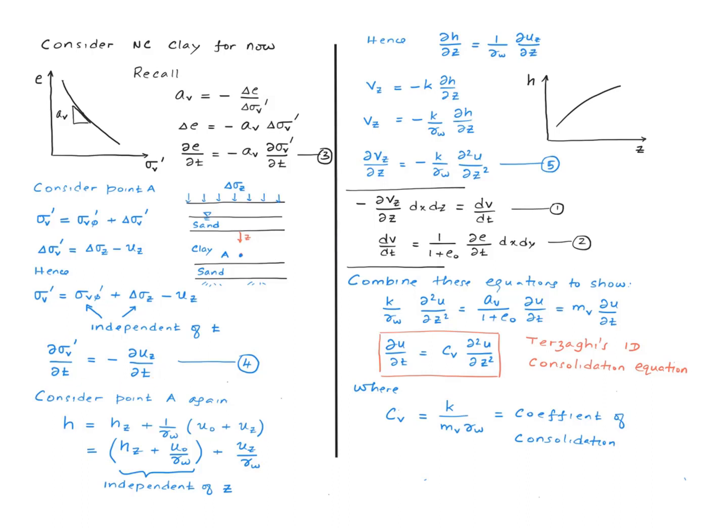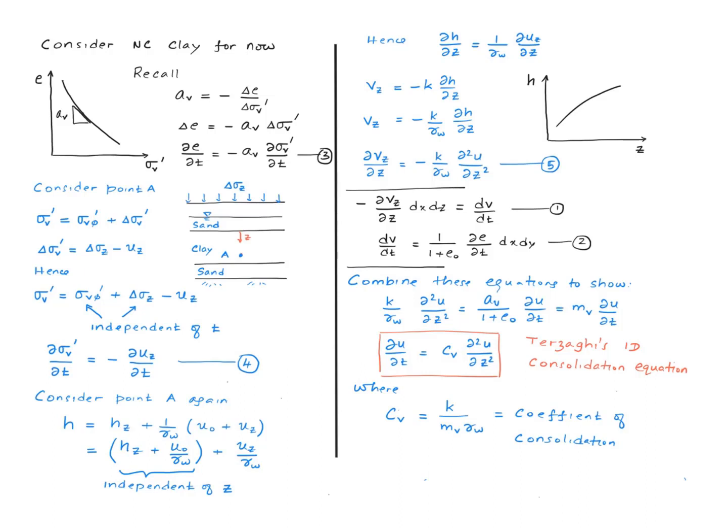All right? So eventually, everything will be in terms of the excess water pressure. So I left the subscript z that I had over here. All right? So this is the final differential equation governing the consolidation in one-dimensional situation.